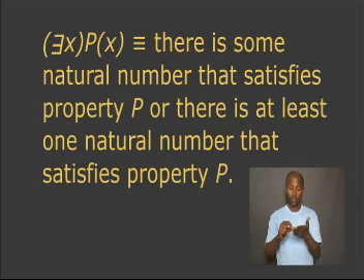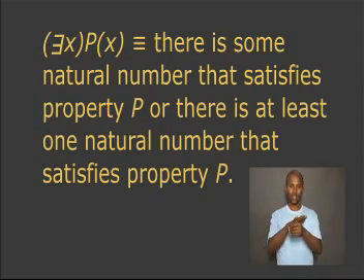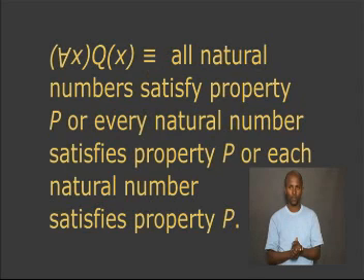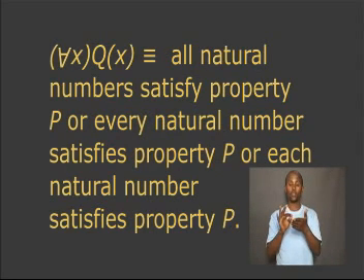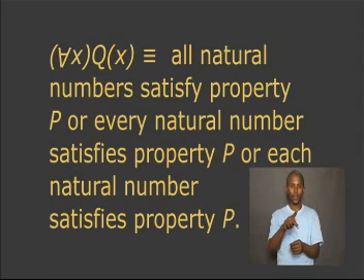Written with the existential quantifier, the statement is equivalent to there is some natural number that satisfies property P, or there is at least one natural number which satisfies property P. Written with the universal quantifier, the statement is equivalent to all natural numbers satisfy property P, or every natural number satisfies property P, or each natural number satisfies property P.